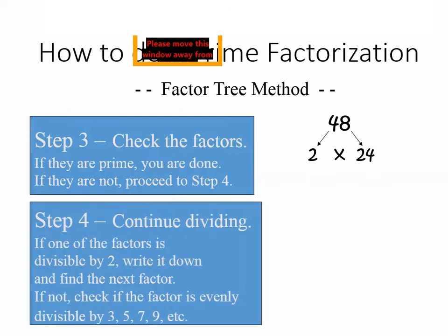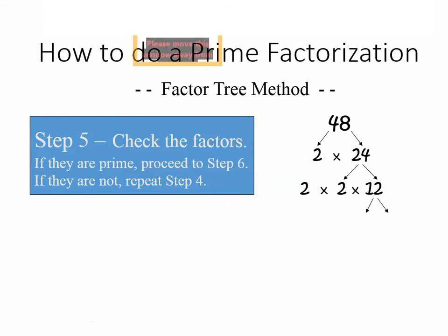If one of the factors is divisible by 2, write it down and find the next factor. If not, check if the factor is evenly divisible by 3, 5, and 7. Like 2 multiplied by 2 multiplied by 12, and 2 sixes are 12.